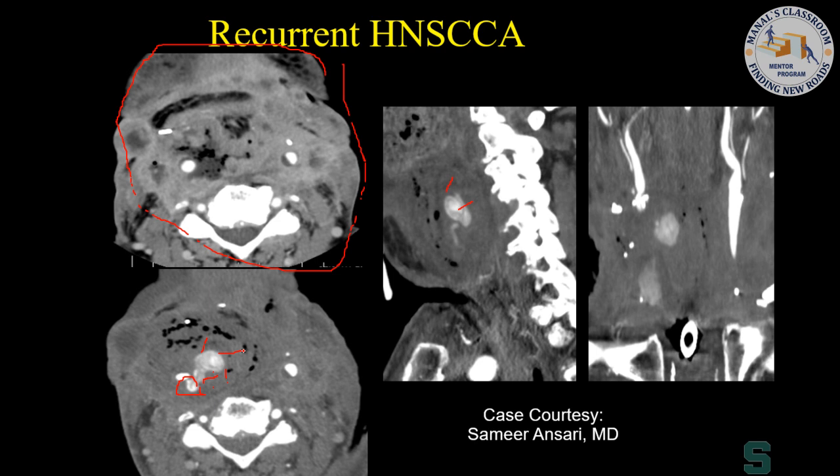This is acute extravasation of contrast on CTA. So if you see something like this, pick up the phone and call your interventional neuroradiologist, because I want everyone to be aware of what acute extravasation looks like on CTA. And this is acute extravasation. You can see the contrast is out of the normal confines of the carotid artery.